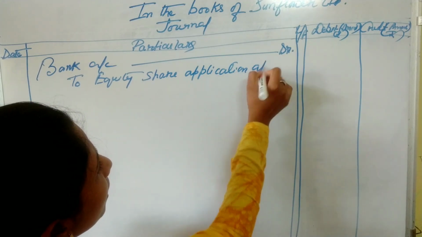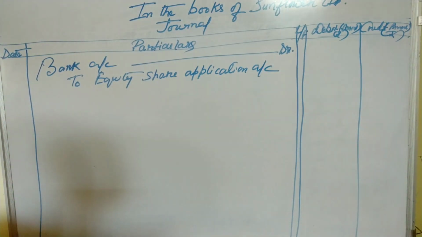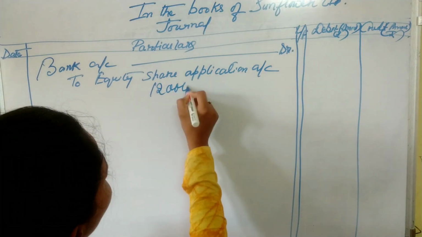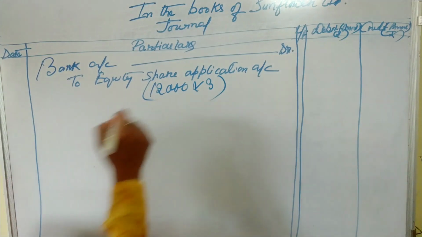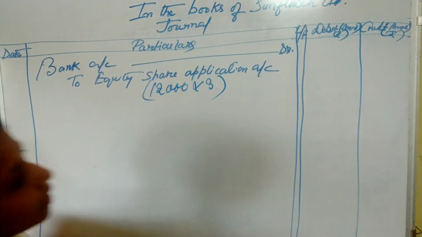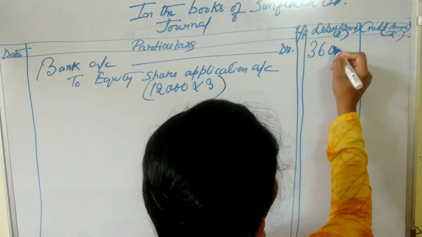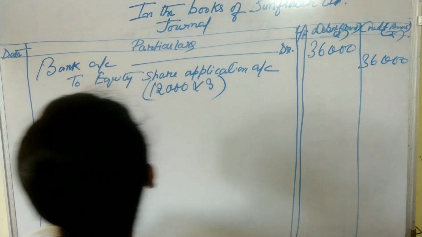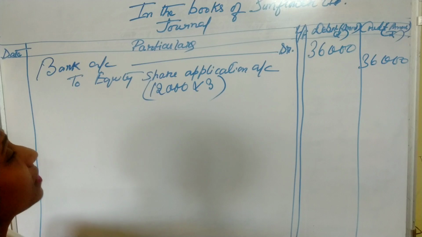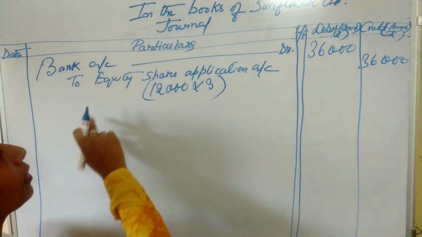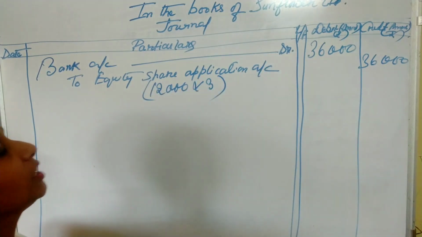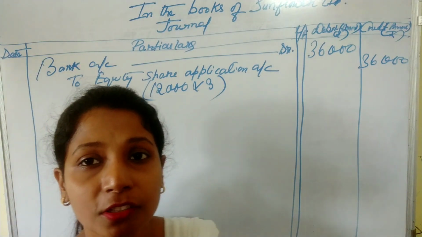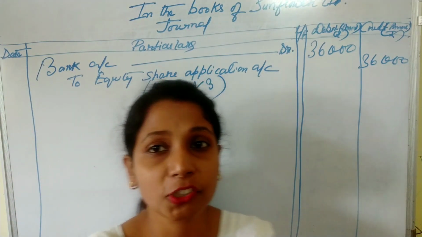See the number of shares: 12,000 multiplied by 3 is 36,000. Bank is debited as the amount is received by the bank, that is, cash comes in, and the amount so received by the bank is against equity share application. So we have credited equity share application. This is the receiving entry of application money.